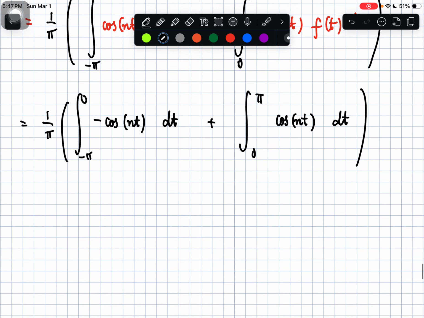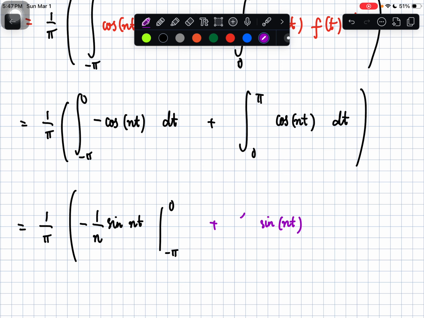Now you need to do the computation. 1 over pi, minus still there. We have sine nt, and remember to divide that by n, for t from minus pi to 0. For the second term, you have sine nt, and remember to divide it by n, between 0 and pi.